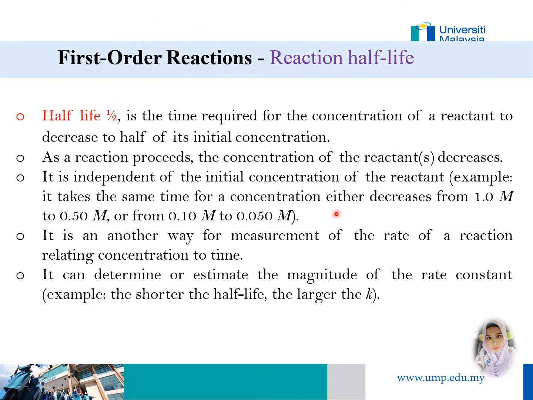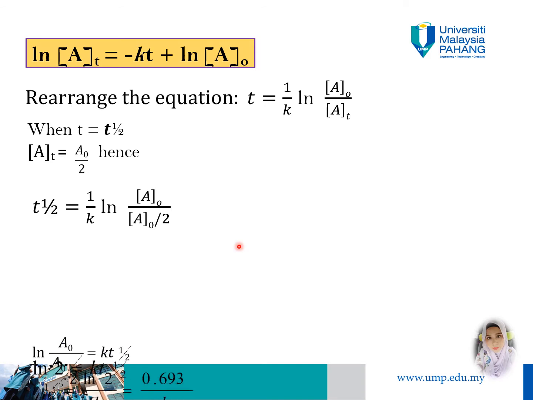So half-life for the first order reaction means the time taken for the concentration to reduce by half from the initial concentration. It enables us to estimate the magnitude of the rate constant, for example, the shorter the half-life means that the larger the value of the constant k.